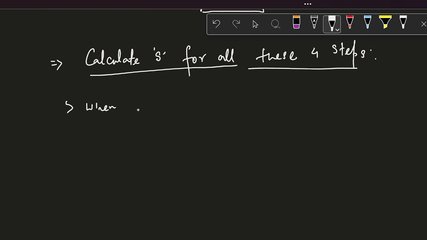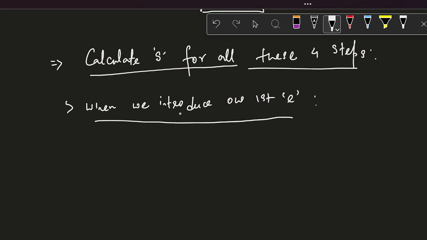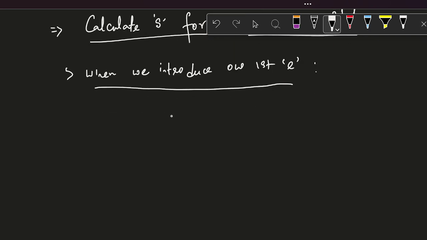So that is what we will do. First of all, the first step is that when we introduce our first charge E to the system, it is important to ask in how many ways you can place your first electronic charge E in the tetrahedron structure. This can be misleading, because when you introduce your first charge, you have nothing to begin with.